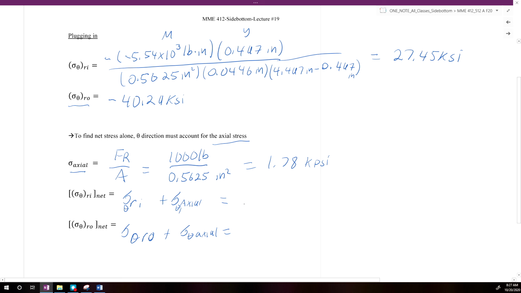And then we would get 29.23 kpsi at the inner radius, and a minus 38.51 kpsi at the outer radius. Alright, so that's how you can calculate the stresses within a curved beam that's under a combined axial and bending load.